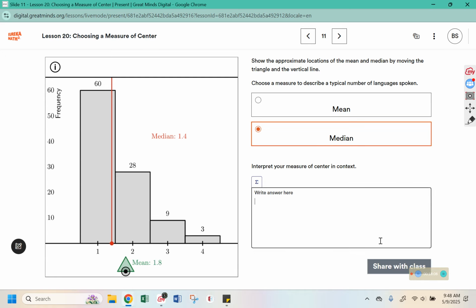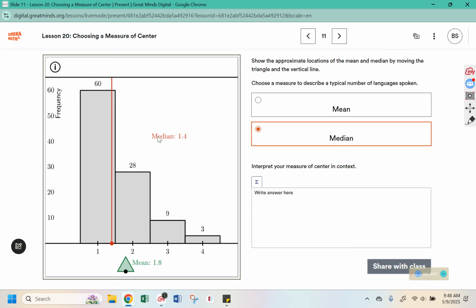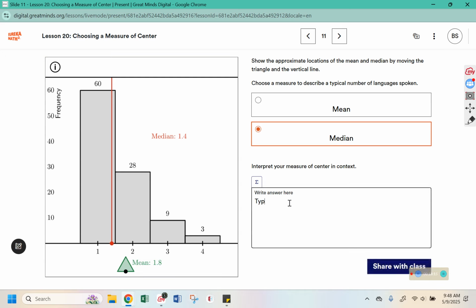Well, if we were to interpret this, we would say that typical people speak 1.4 languages, which doesn't really make sense in this context, but we could say that they typically speak between 1 and 2 languages. You may also describe this as somebody who speaks one language fluently and maybe has the other language they don't speak fluently.